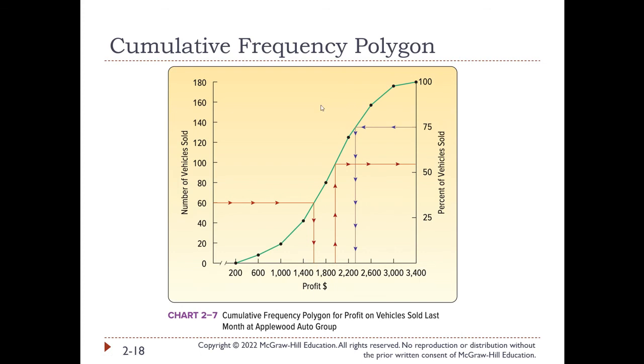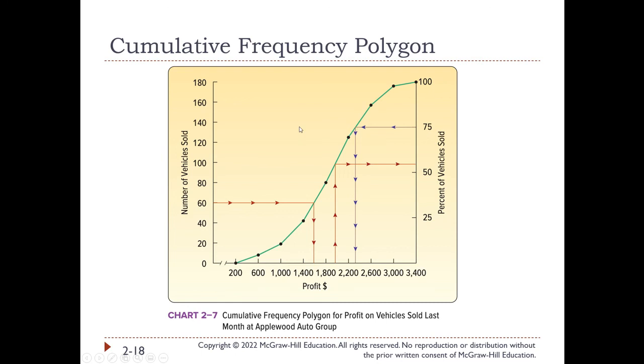But here we can ask questions. Here we have the number of vehicles sold, the profit, and the percentage of vehicles sold. If I want to look for a certain percentage, like 75%, when I hit 75%, how much profit should I be making? How many vehicles should I have sold?